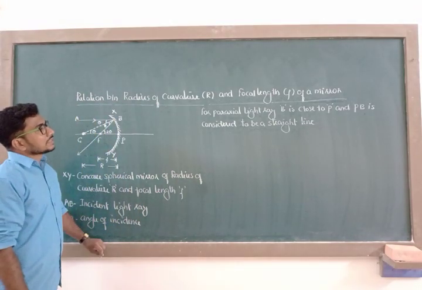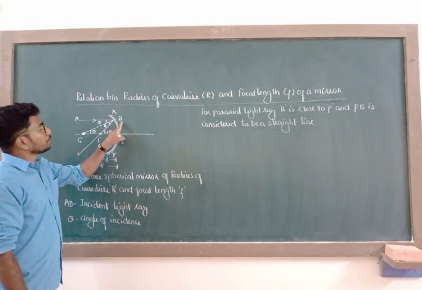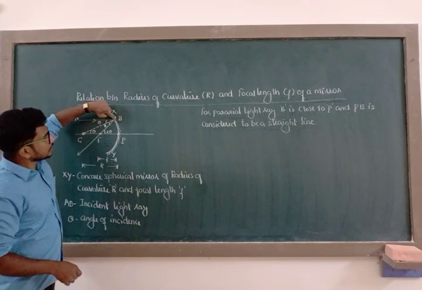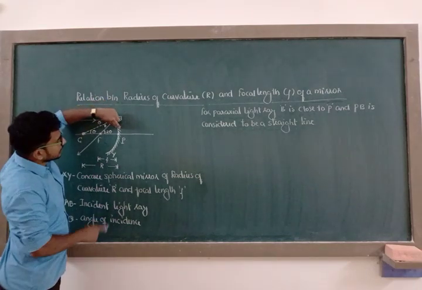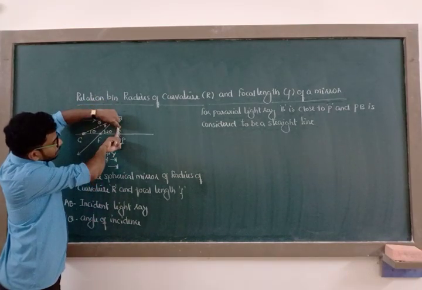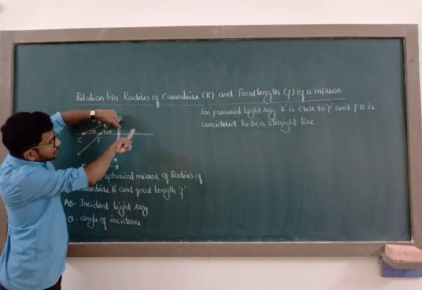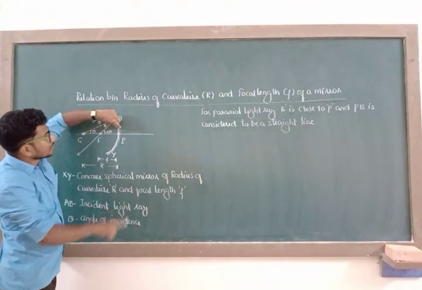So try to understand this concept. When B is close to P, here PB is considered, or it appears as like a straight line perpendicular to the principal axis.